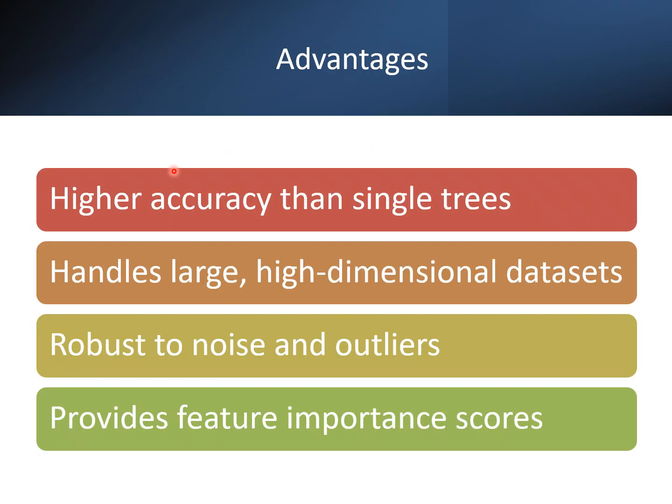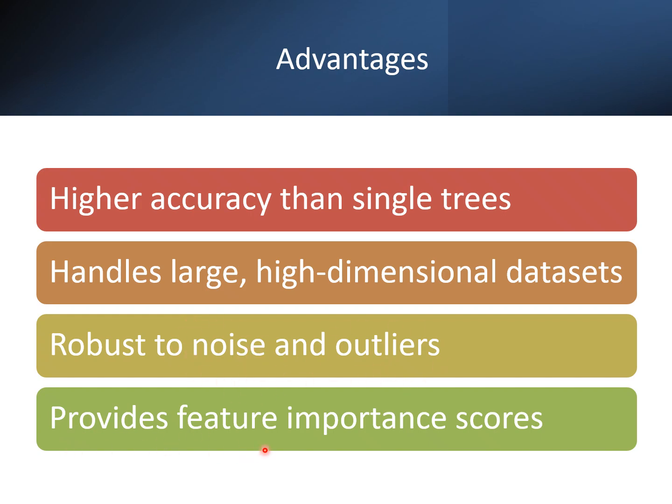So the advantage of random forest is that it can lead to higher accuracy than single trees, which are the decision trees. It can handle large and high dimensional data sets. It is very robust to noise and outliers because we are training multiple trees and then looking at, for classification problems, the majority voting, and for regression problems, the average of all those trees. In that case, it will be very easy to eliminate noise and outliers.